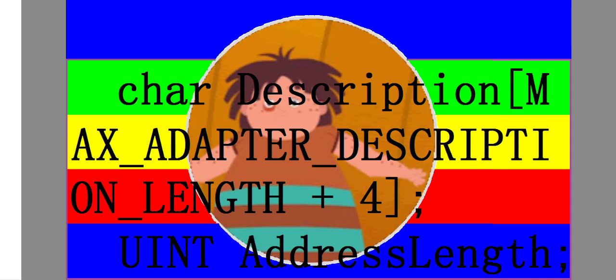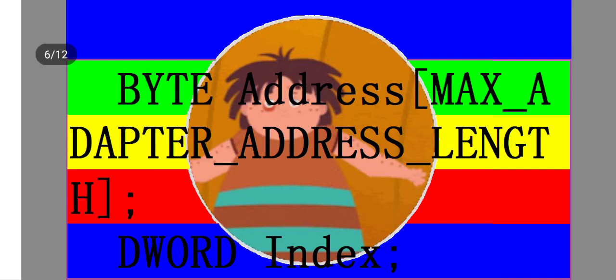UINT AddressLength; BYTE means unsigned char. BYTE Address[MAX_ADAPTER_ADDRESS_LENGTH]; This time it's not +4.